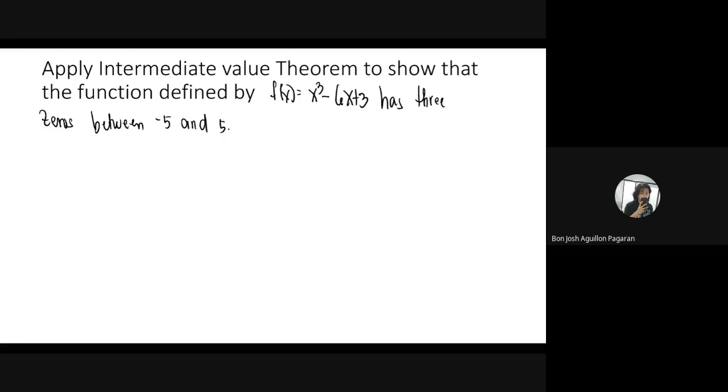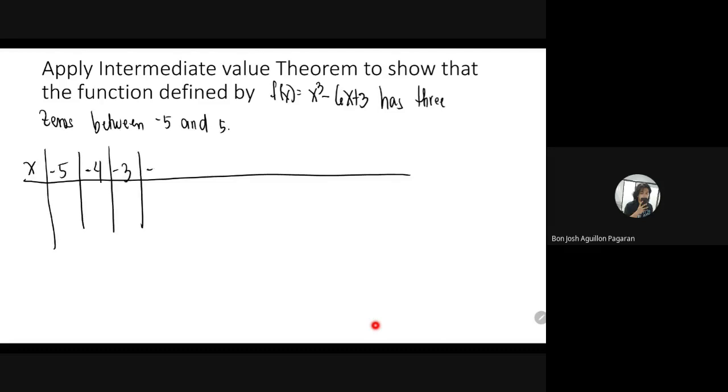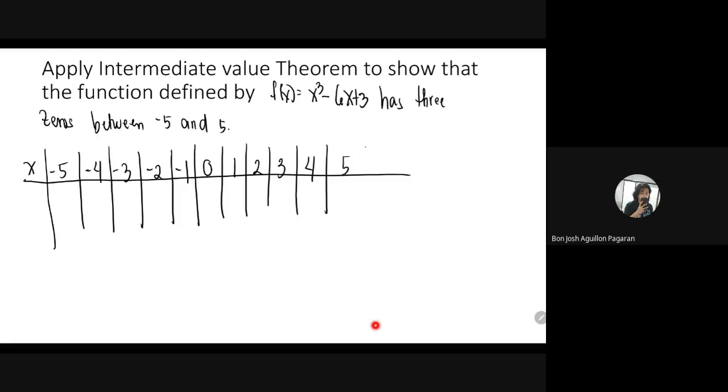From Mark Luis. Okay, I will be giving only the table kasi ang haba. Napuno yung aking paper for the solution alone. So, apply the intermediate value theorem to show that the function defined by f of x equals x cubed minus 6x plus 3 has three zeros between -5 and 5. So, constructing table, we will have -5, -4, -3, -2, -1, 0, 1, 2, 3, 4, and lastly, we have here 5.